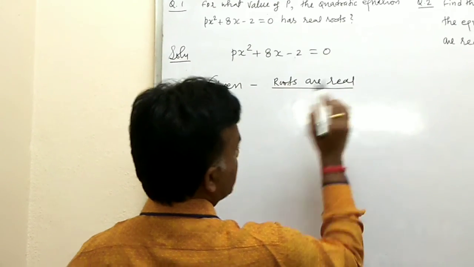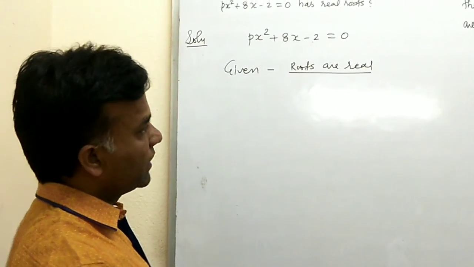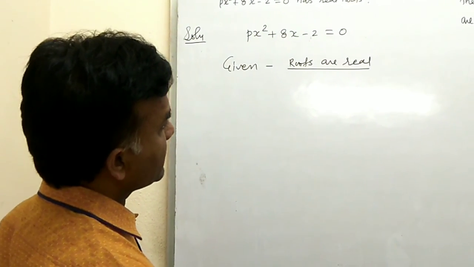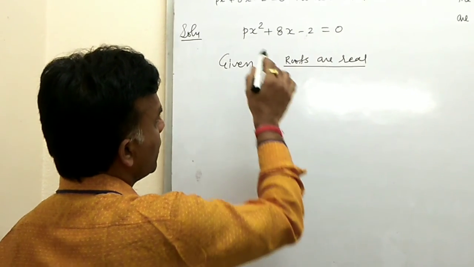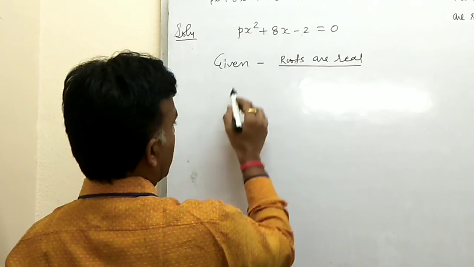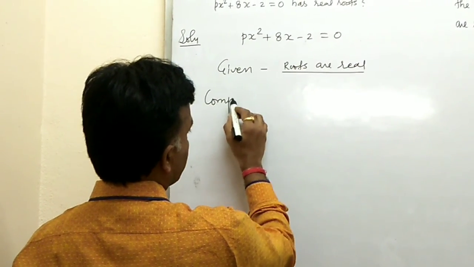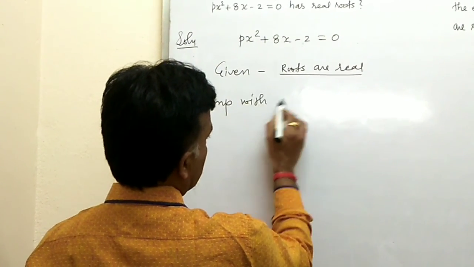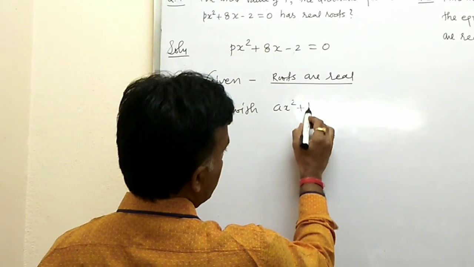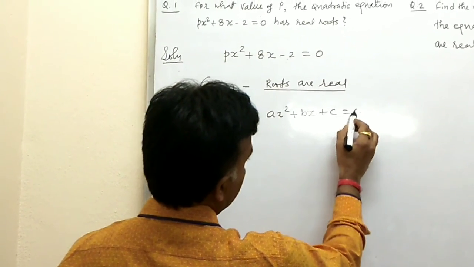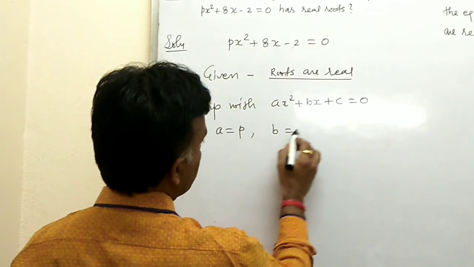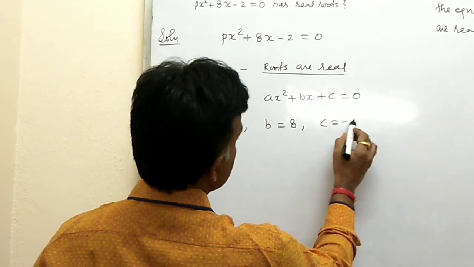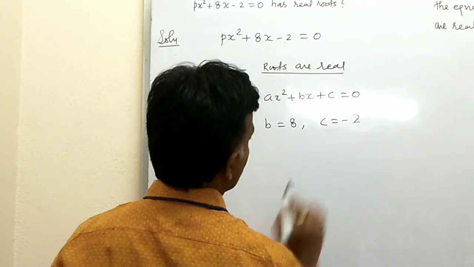No specific condition is given, not equal, not distinct, only real is given here. Comparing with ax square plus bx plus c equal to 0, a equal to p, b equal to 8, and c equal to minus 2.